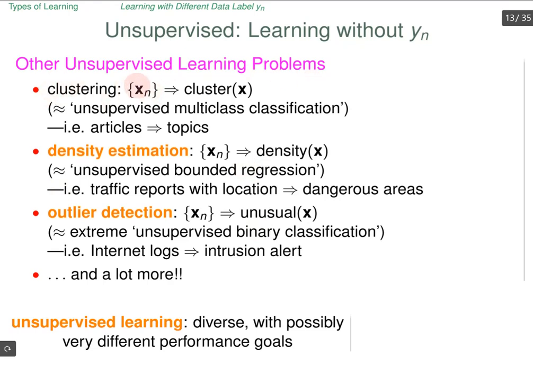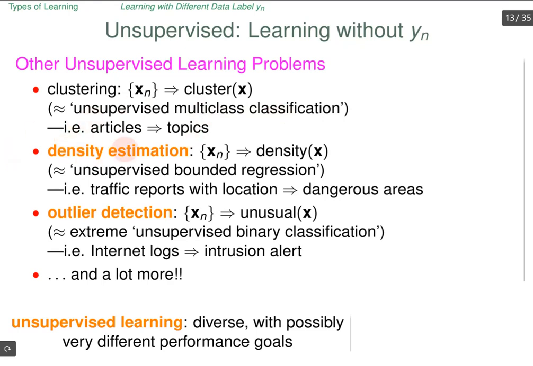Clustering: we have input data and cluster them into some groups of data points, again, from articles to topics. Since we don't know how many possible topics we can have, we can manually set it as unsupervised multi-class classification, or unsupervised, let's say, 4 or 5 class classification.